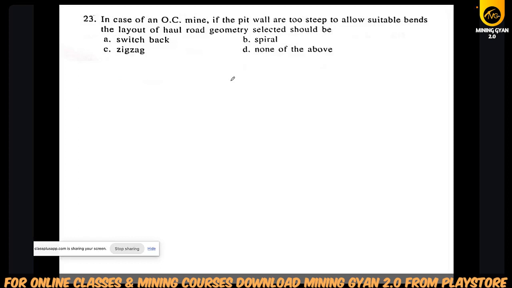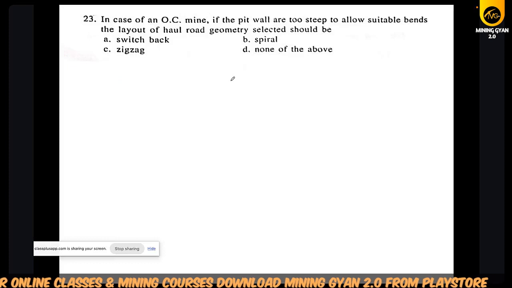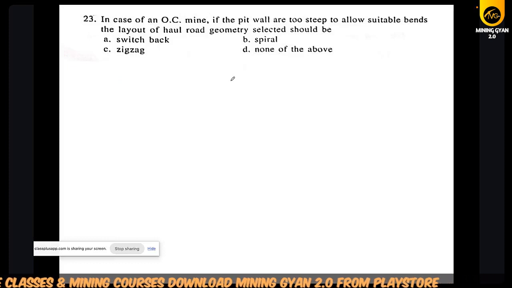प्लीज गिव योर आंसर. In case of the open cast mine, if the pit walls are too steep, allow suitable bends in the layout of the whole road geometry. We had discussed in your ramp कि अगर वे पिट स्टीप हो तो क्या करना चाहिए हमको.